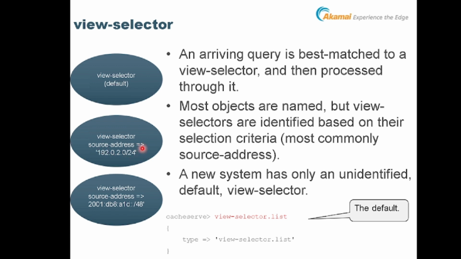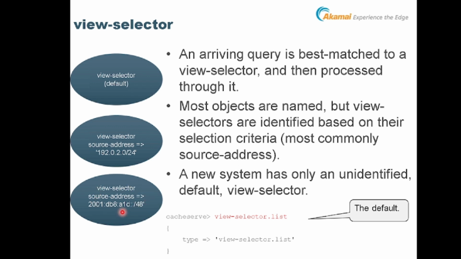All of those should be processed by this filter. And then here's another view selector, in other words, another filter, that has a source address of this 2001 IPv6 address.